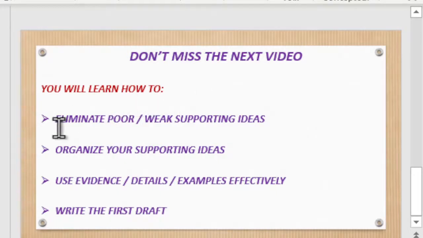I'll be showing you how to eliminate the poor or weak supporting ideas and keep only the strong ones that contribute to explain your topic sentence in an efficient manner. I will be showing you how to organize your supporting ideas and how to organize and use the evidence and details effectively, and finally, how to write your first draft.